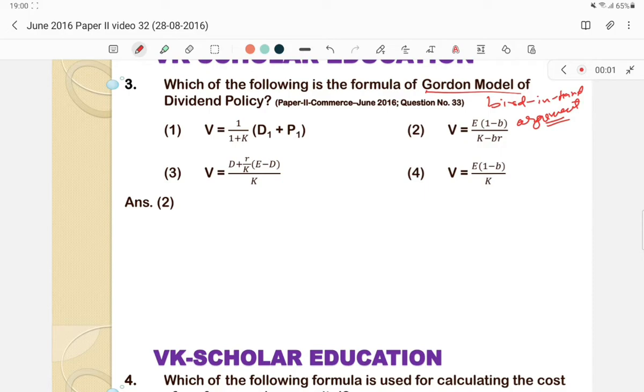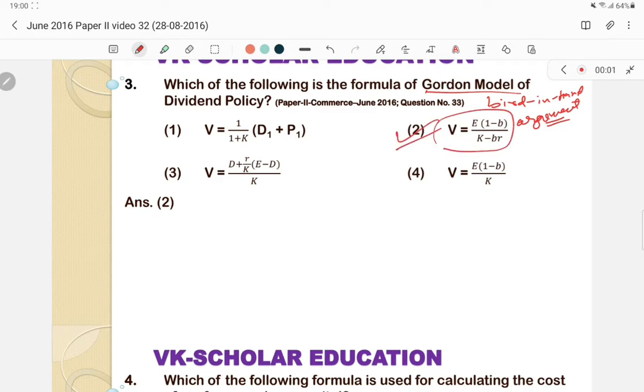Okay, so current income in the form of dividend is preferred by the shareholders in comparison to the capital gains or capital profit in the future, through increase in the market price of equity share. So which of the following formula is of Gordon model of dividend policy? That is, the option second is correct.